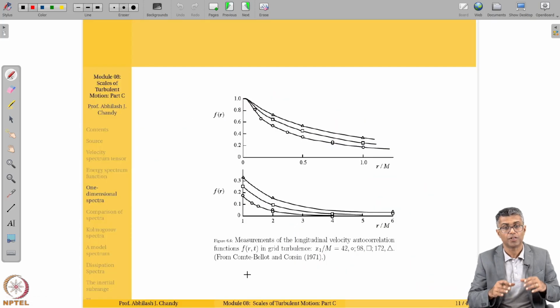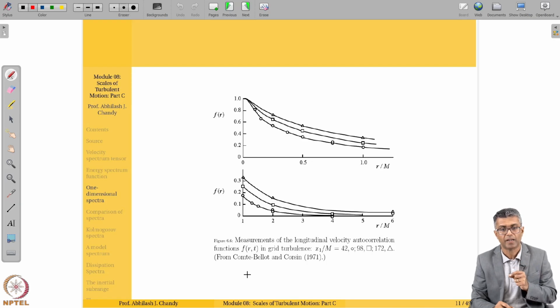Okay, this is the autocorrelation function variation in grid turbulence. What is shown here are measurements of the longitudinal autocorrelation functions at three different locations. And here what you have is how f of r is varying with r over M, where M is the grid size in your grid turbulence, and r is the spacing between the two points.